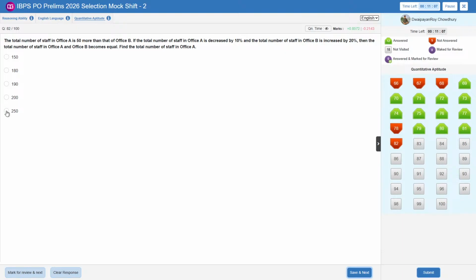So let's take 250. So 250, 200 increases by 20. 20%, right? So 40 and 10, no. This is also not going to make it. So 150, 100, 150, 10%, 140 decrease, so 135. No, not this one also.